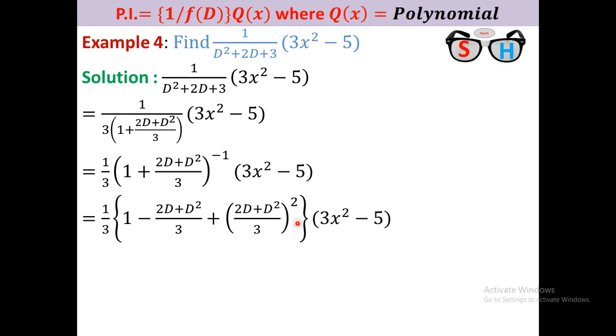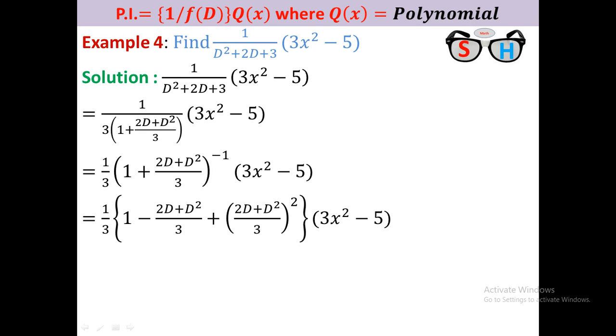Again, please see that here the degrees of D are D square 4, D square plus 4D cube plus D to the 4. Therefore, among the 3 terms we take only the first term, that is 4D square by 9. The remaining terms will be discarded because if we apply D cube or D to the 4 on 3x square minus 5, the result will be 0.